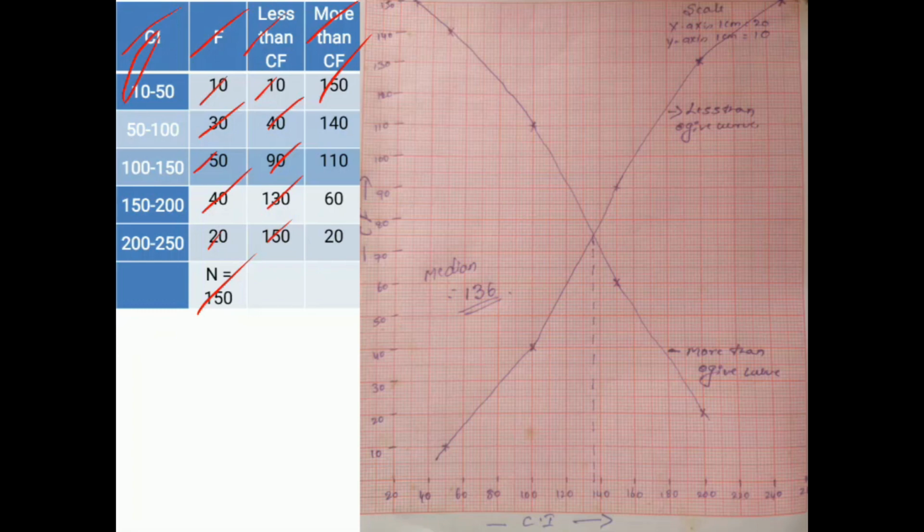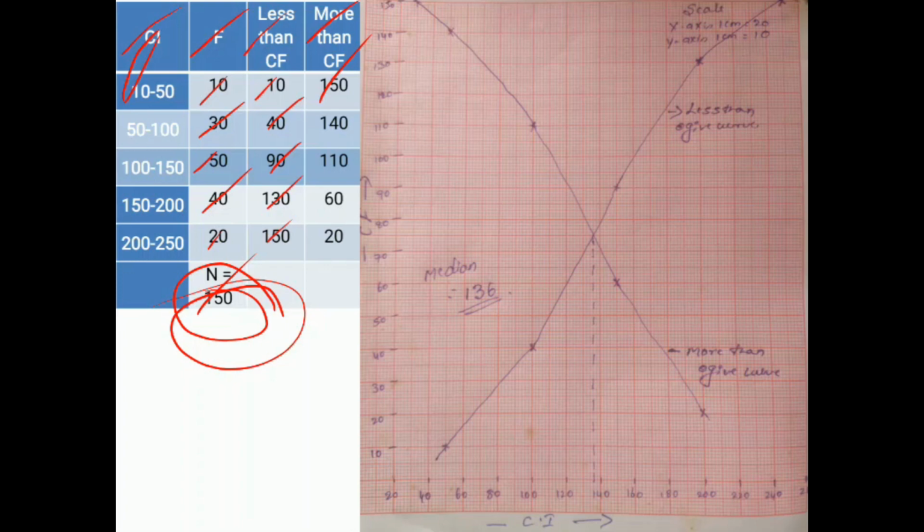So more than 10, there are a total of 150 here. There are no students who are less than 10. All the people in this problem belong to more than 10. That is the reason why, in more than cumulative frequency, all 150 will come.